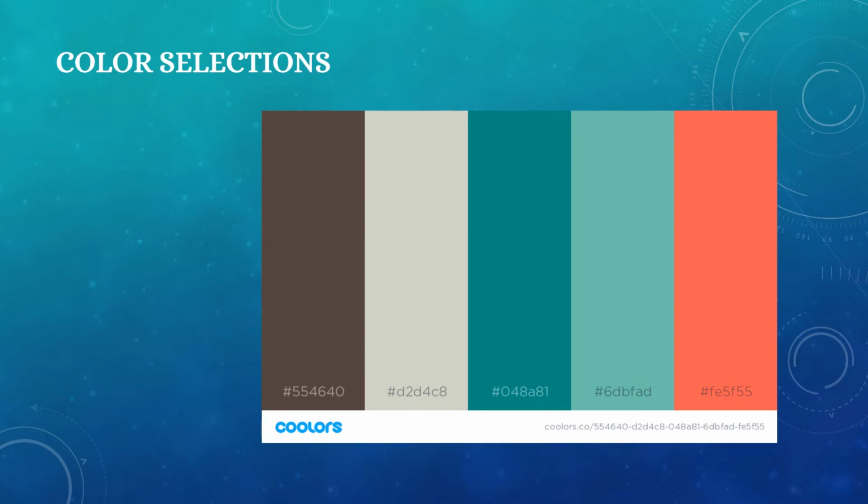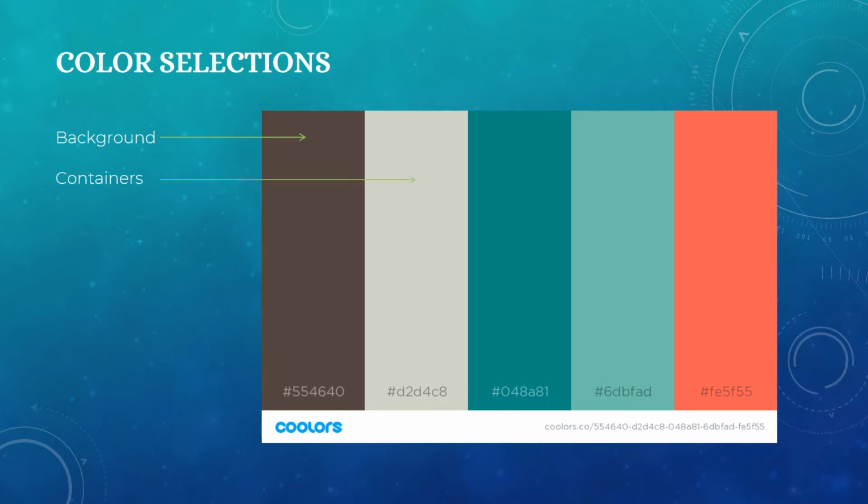For the color selections, I've used warm soft grays with a complementary color scheme. For the background, I've seen a lot of backgrounds now that are black, and I don't want something that harsh. I wanted something dark but not stark.